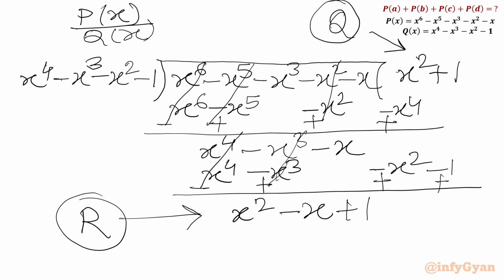This is our Q(x). So if I write in terms of Q and P, we can write the dividend P(x) equal to Q(x) into this quotient q plus remainder r.